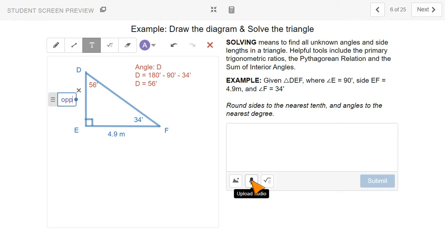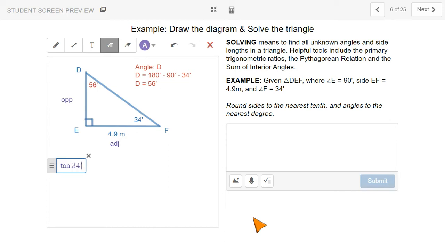We have the opposite here, and we have our adjacent. So with those two, I'm going to use tangent. So tan F, in this case 34, is equal to opposite over adjacent.